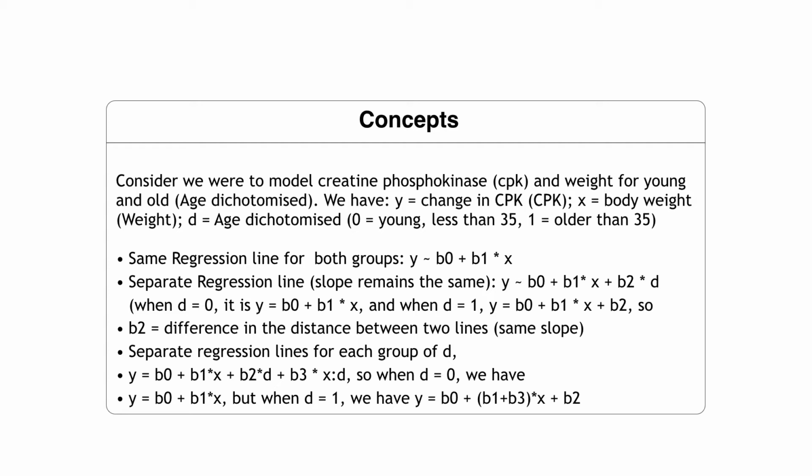So in the first case, when you have got something like B0 plus B1x plus B2d plus B3x times d, when d becomes 0, we have got B0 plus B1x. But when d becomes 1, then it becomes something like B0 plus B2 plus B1 plus B3 times x. So B3 is added to the slope of x. The slope changes. And then on top of that, we'll have some effect for B2 itself, because B2 is where we find that difference here. So this becomes a bit of a complicated issue. So let's take a look at it and then we can have some sense.